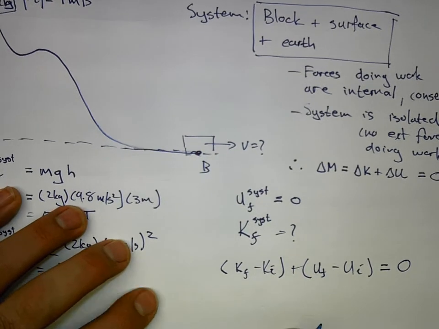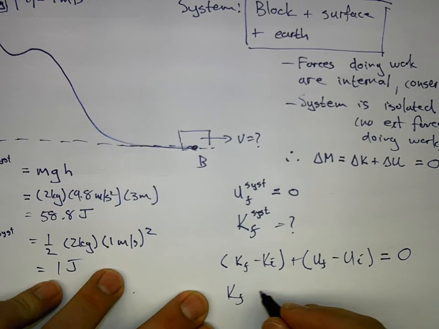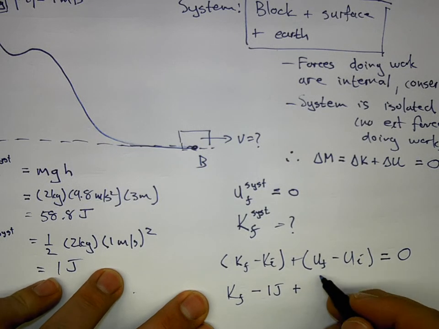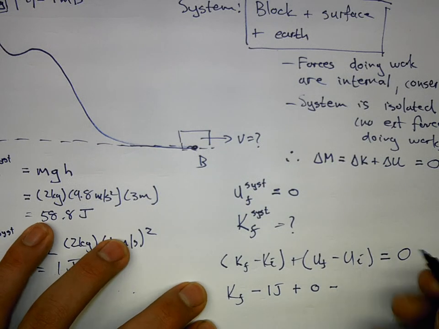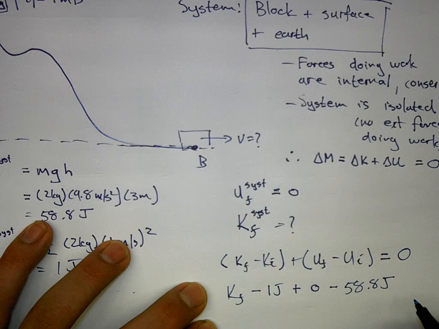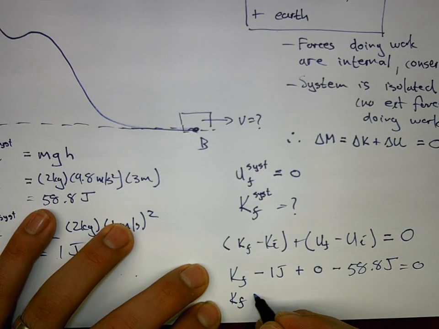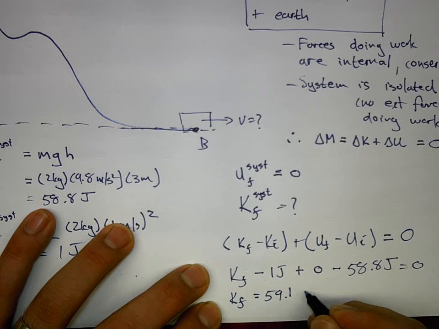We've got numbers for this. We don't know what K final is, but we know K initial was 1 joule, plus we know the final potential energy is 0 minus whatever the initial potential energy was, 58.8 joules. This must all be equal to 0. Therefore, K final is equal to 59.8 joules.